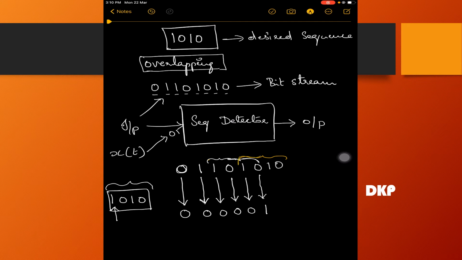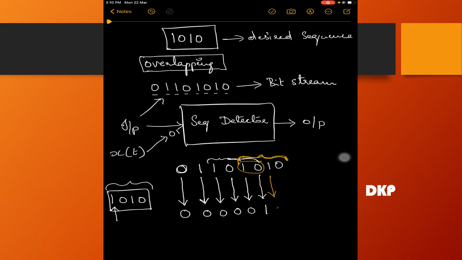Now, I have drawn this yellow flower bracket. This forms another sequence 1 0 1 0. You can notice that this 1 0 is used for the first sequence as well as the second sequence. I will complete the second sequence output.